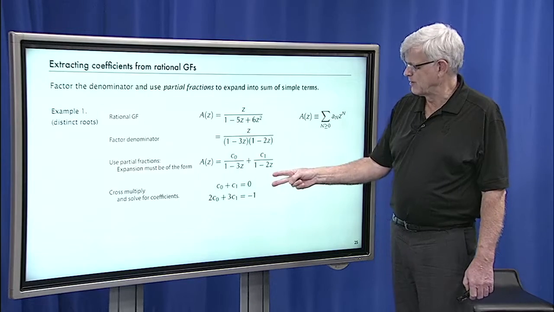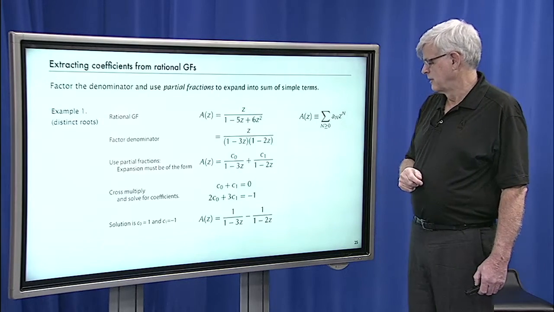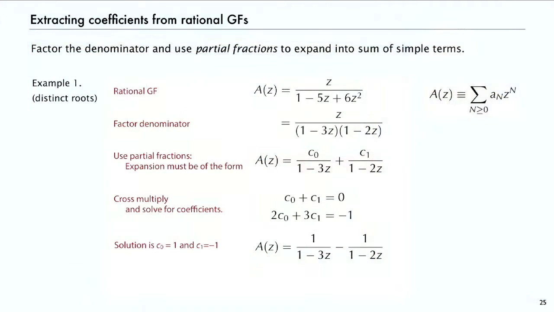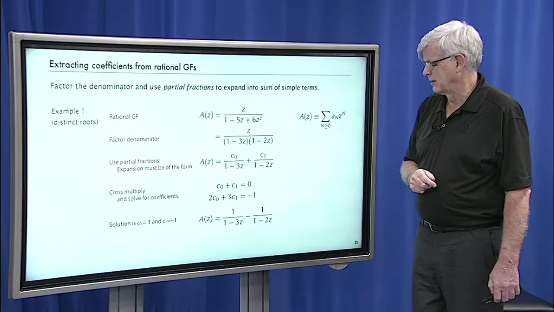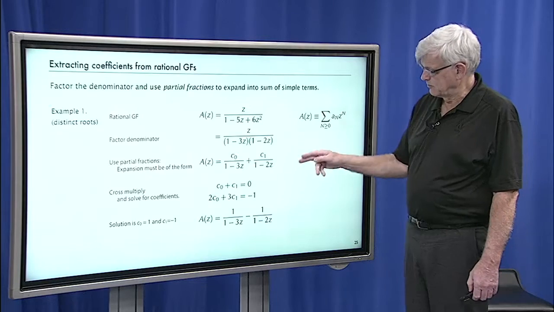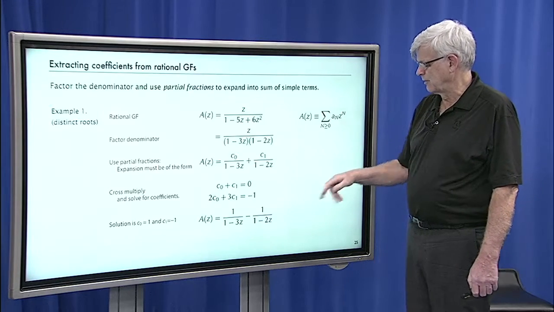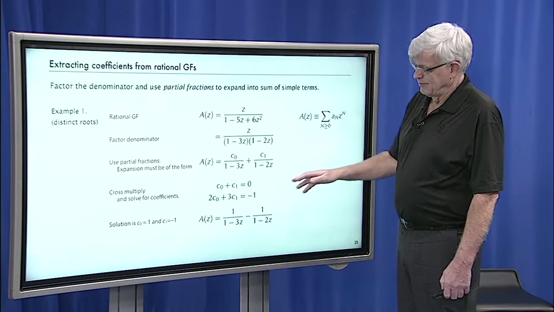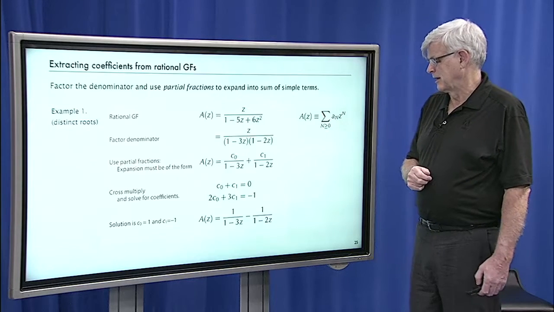So that's two equations in two unknowns. So solve those, you get c0 equals 1 and c1 equals minus 1. 1 plus minus 1 equals 0, 2 minus 3 equals minus 1. And so plugging those in, that says that A(z) is equal to 1 over 1 minus 3z, minus 1 over 1 minus 2z. And we can just check that by cross multiplying.